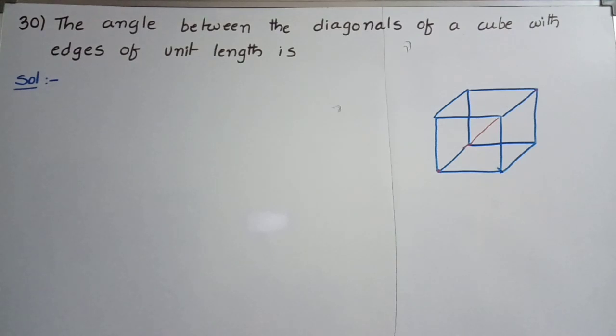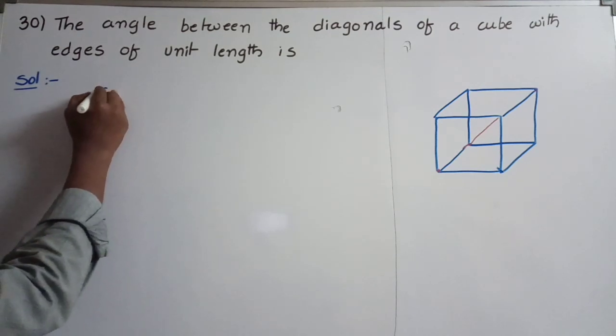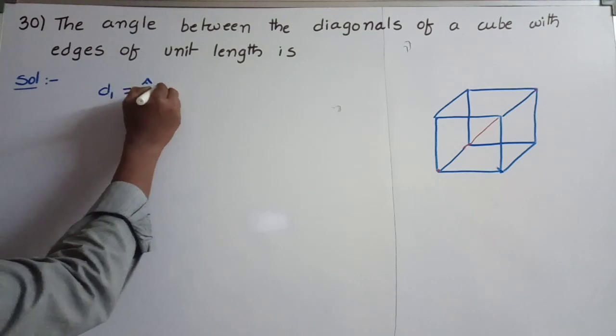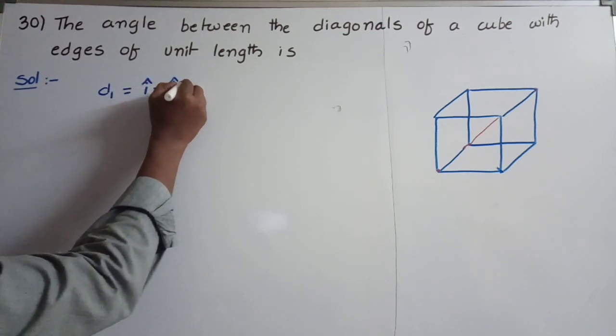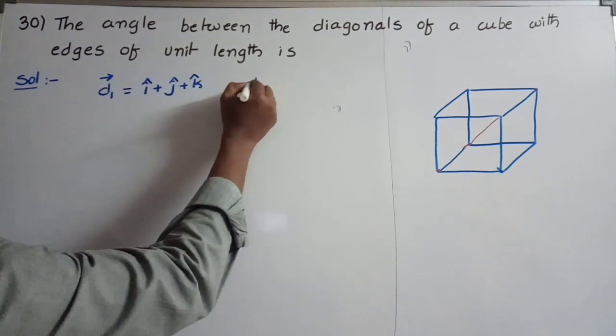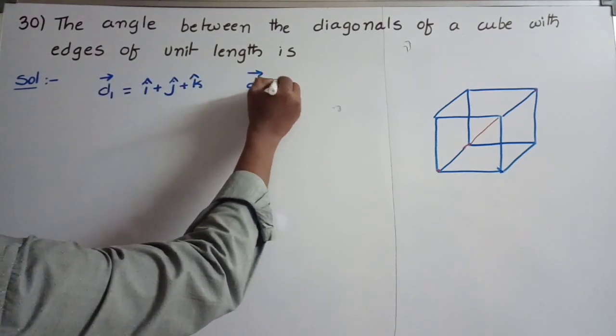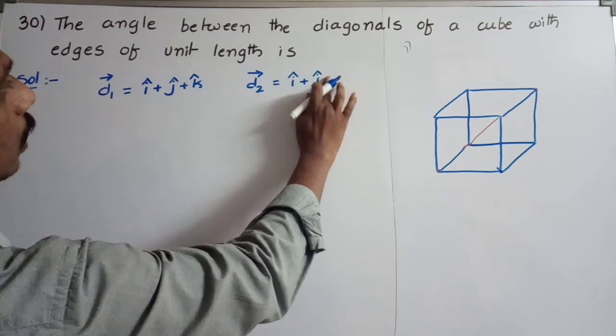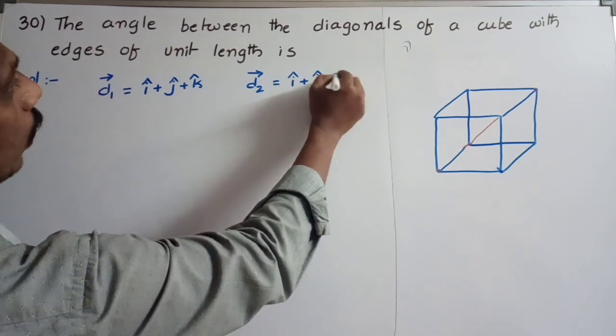In that case, we get diagonal vectors d1 is equal to i cap plus j cap plus k cap, and diagonal vector d2 is equal to i cap plus j cap minus k cap.